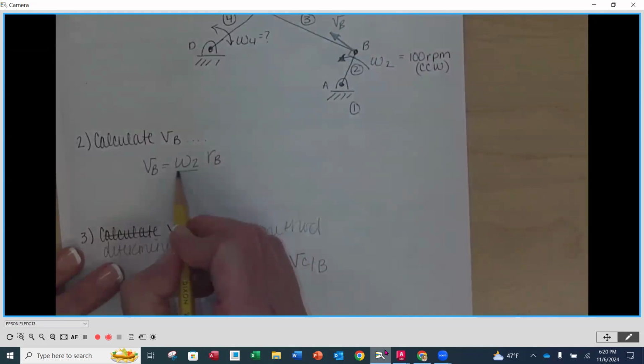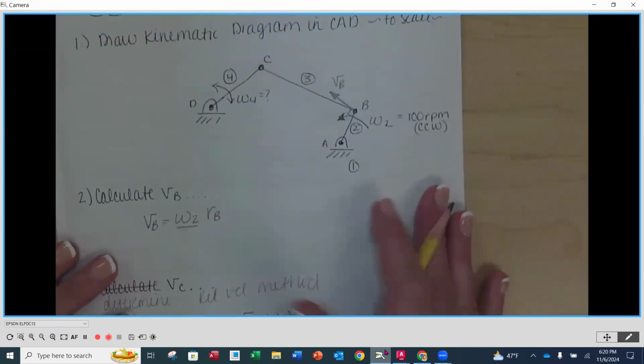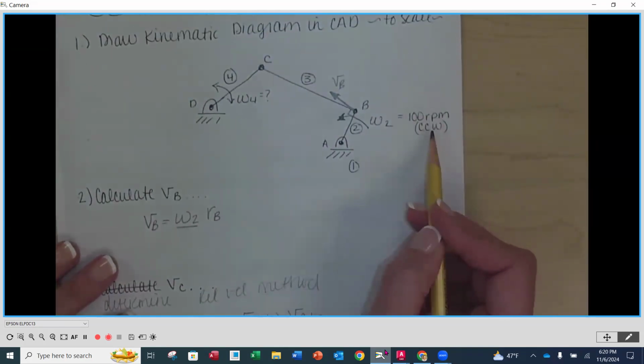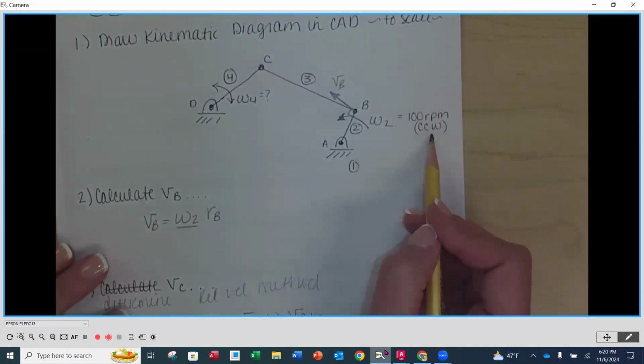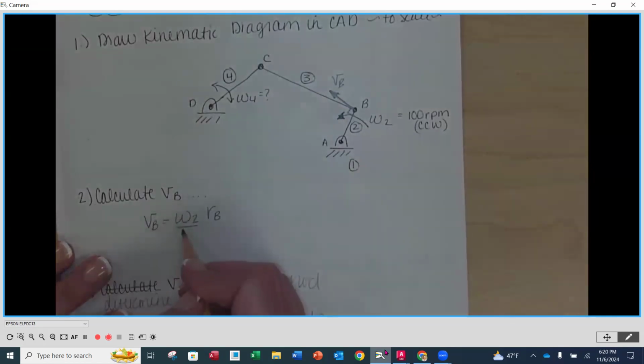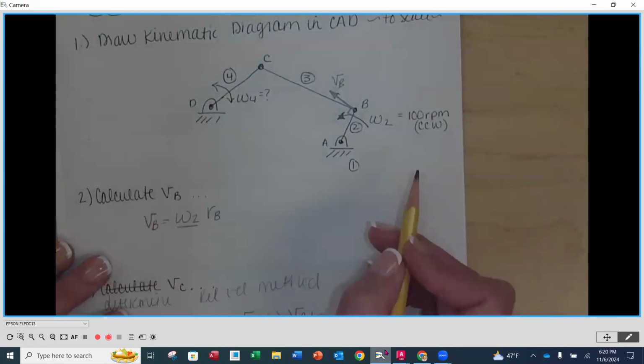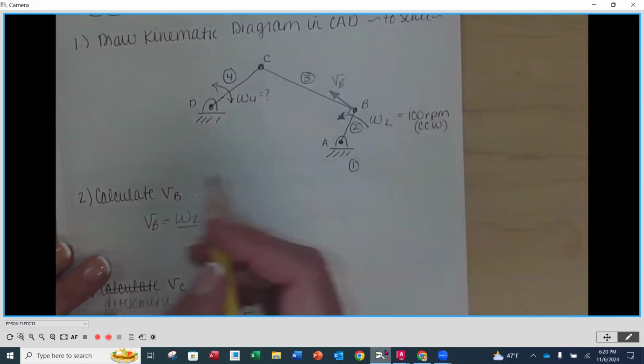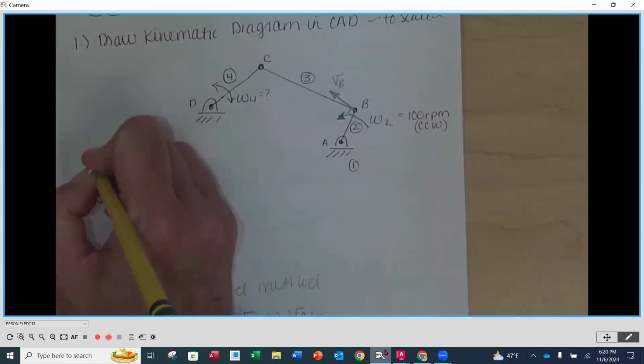Now, our W2 in this equation, we're given the value of 100 RPMs, but we can't use that here. So we need to first do that conversion into radians per second, and then we're going to put it into our W2. So go ahead and convert the 100 RPMs into radians per second.